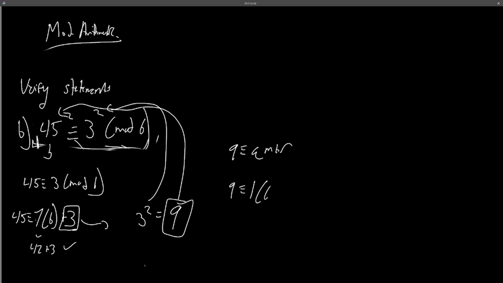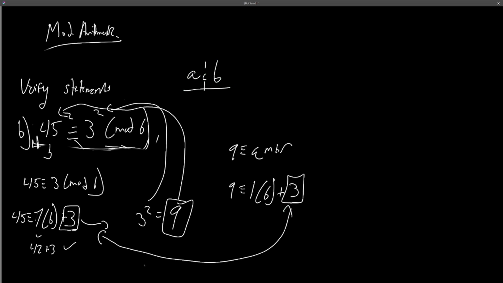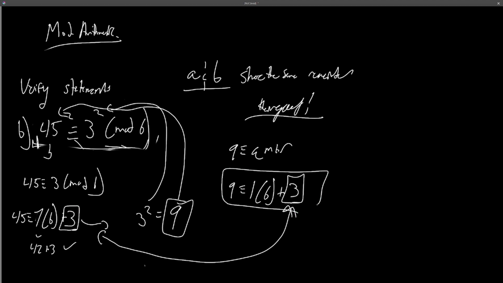So 1 times 6 plus 3. And as we can see, they both share the same remainder. So since A and B share the same remainder, I'm not going to write this out, they're good. But yeah, essentially you'll take this pathway. It's not really a lot of work. Just square your remainder and solve as you normally would.